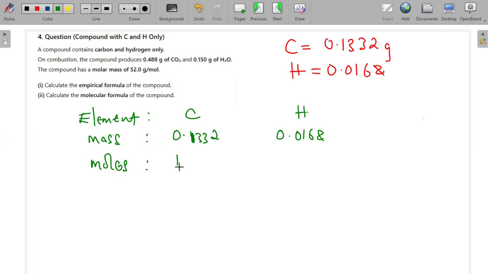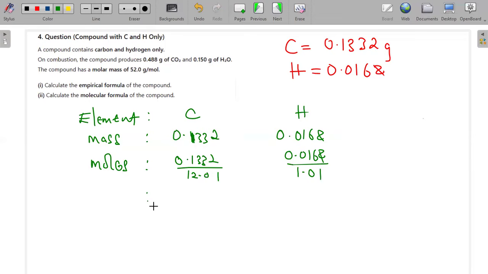So the moles will be 0.1332 divided by 12.01, and 0.0168 divided by the molar mass of hydrogen, which is 1.01.